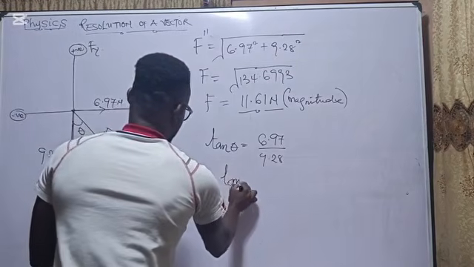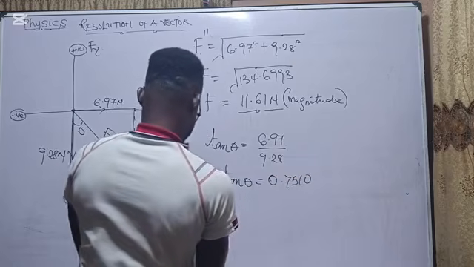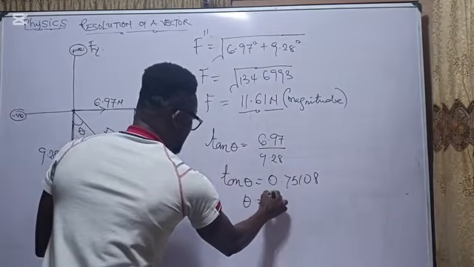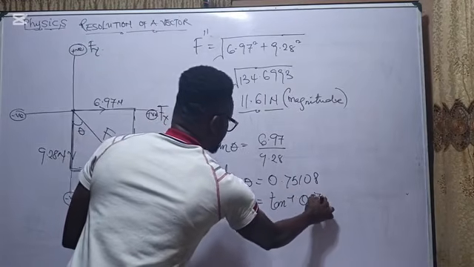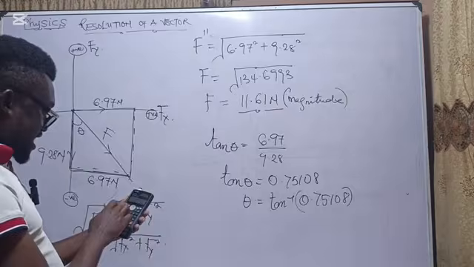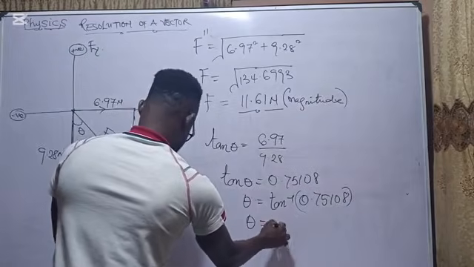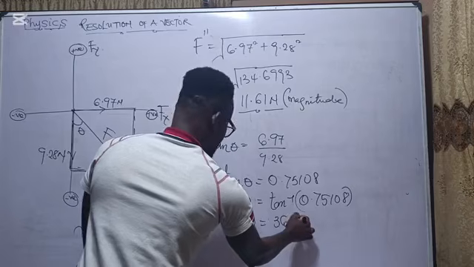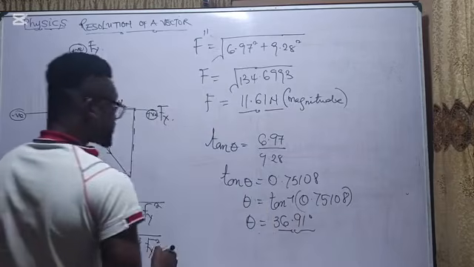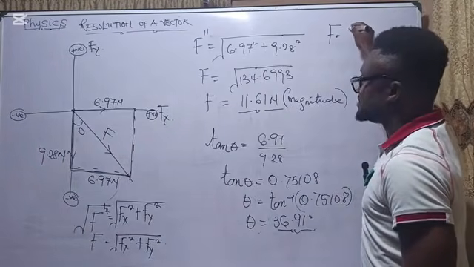So we are going to have tan of an angle equal to 0.75108. So make theta the subject, we have tan inverse 0.75108. So if we punch that, the tan inverse, it will now give us the direction to be 36.91 degrees.